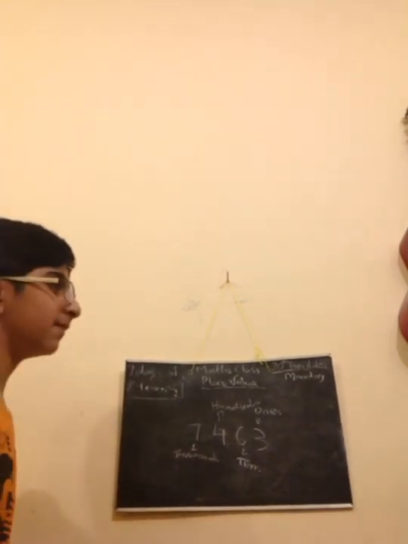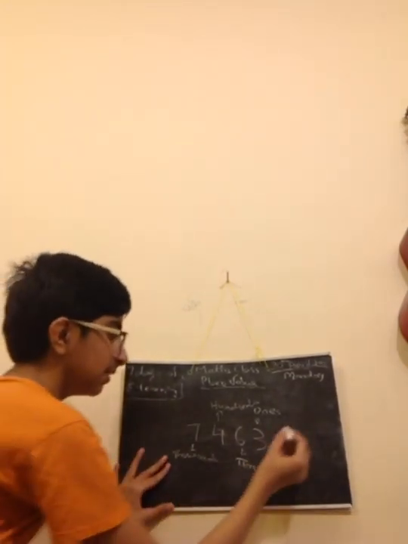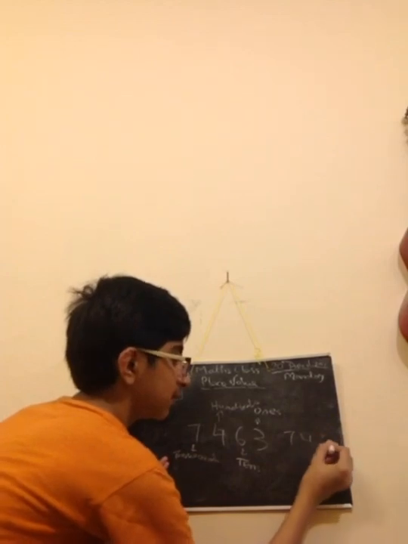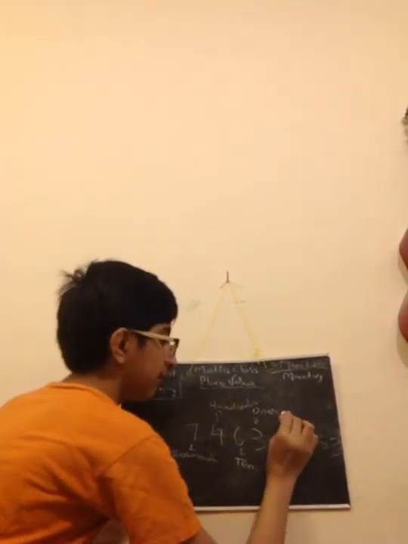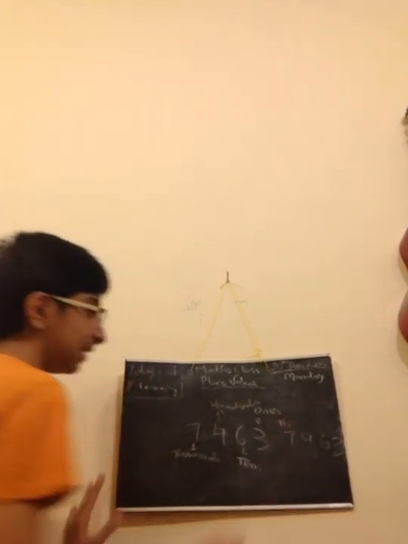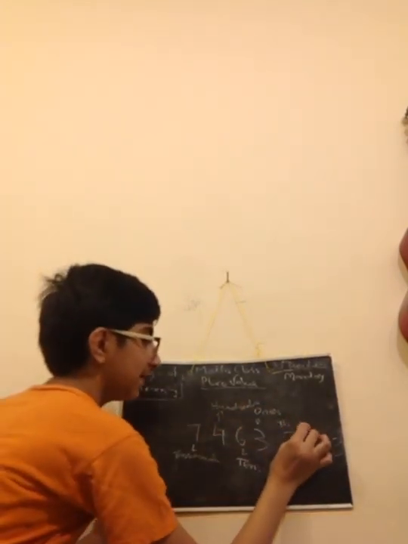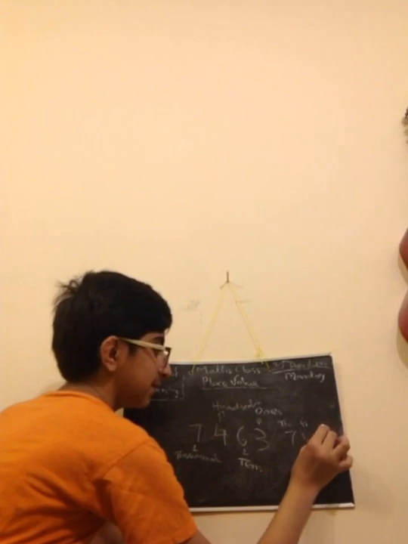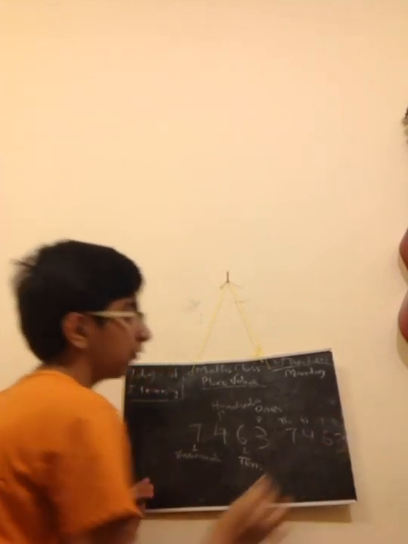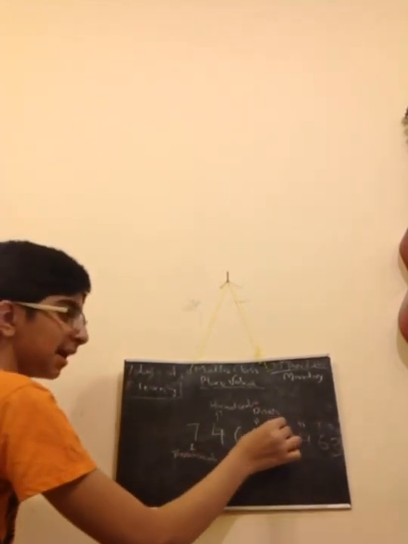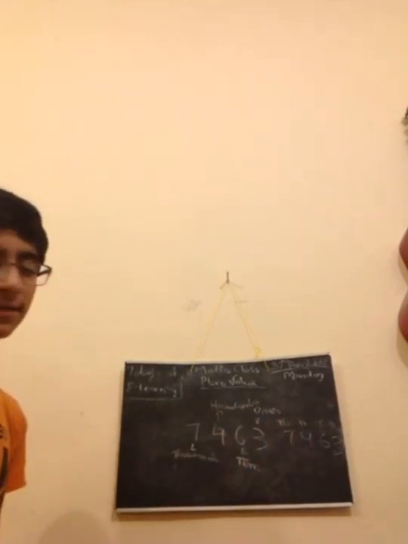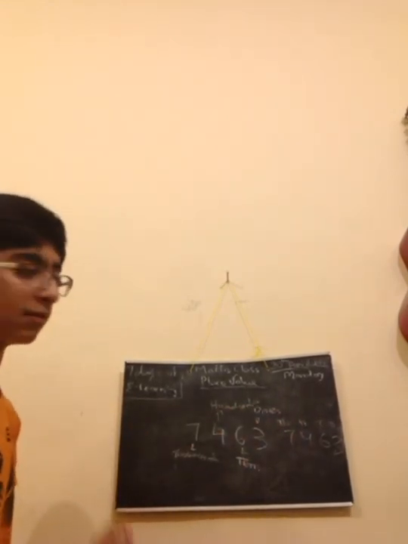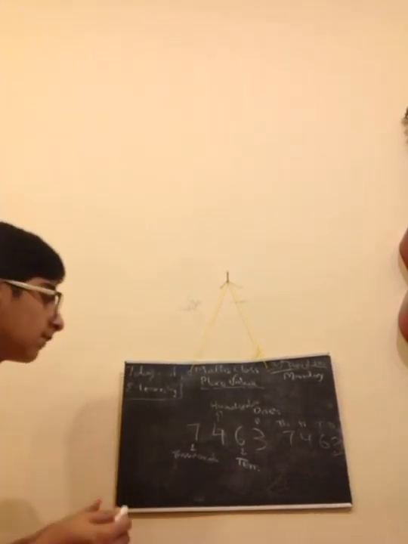We can label them with their short forms, with one or two letters. For example, we can label 7 with TH, 4 with H, 6 with T, and 3 with O. TH means 1000, H means 100, T means 10, and O means 1.